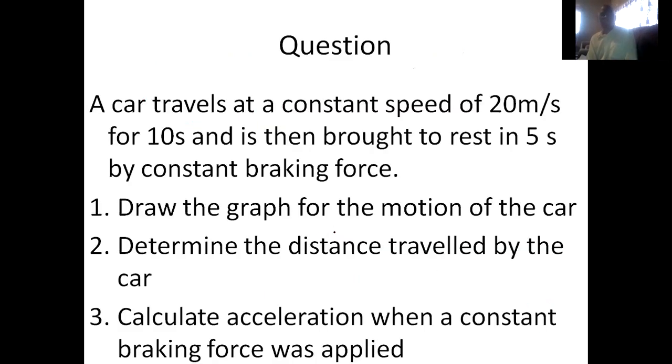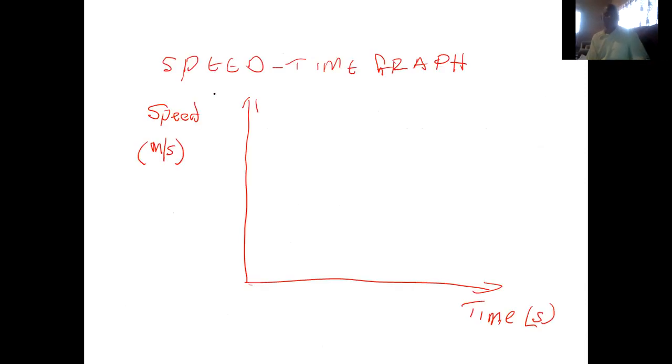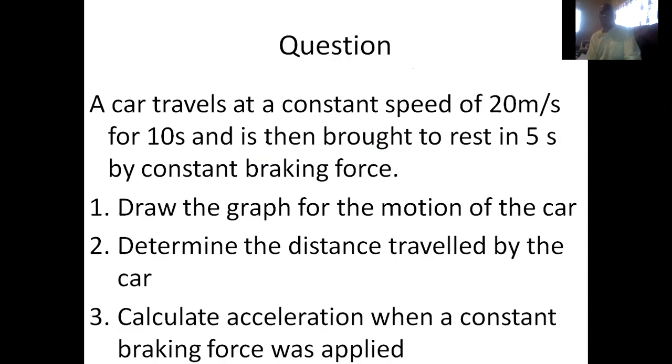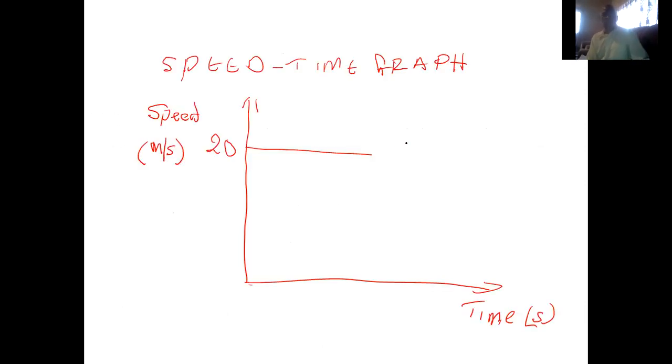So we are told that a car was traveling at 20 meters per second, so you put 20 there, for 10 seconds. So for 10 seconds it had a constant speed, so you put your 10 seconds there.